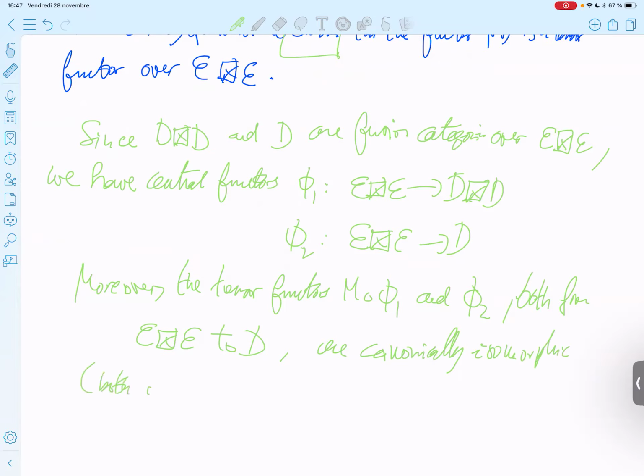Because both identify with the tensor functor from the Deligne tensor to the tensor in D, I guess.